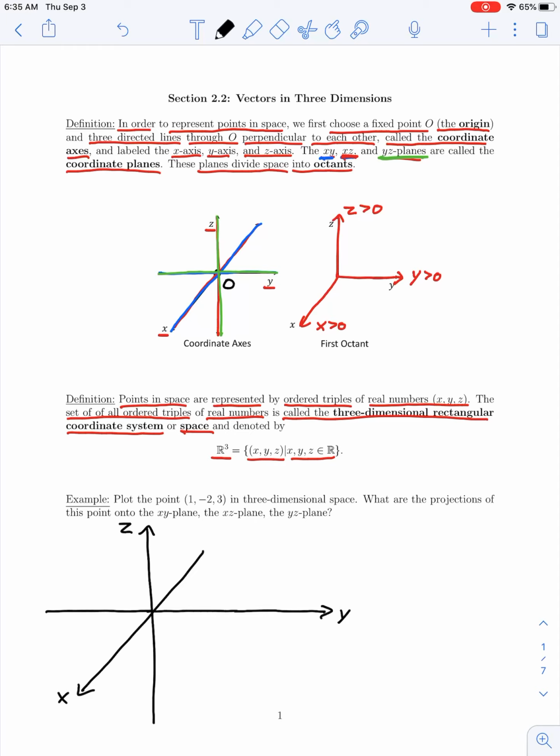So in order to plot the point 1, negative 2, 3, well, that means that our x-coordinate for this point is 1. So we're going to move 1 unit outward in the positive x direction. Y is negative 2. So along the y-axis, we're going to move 2 units in the negative direction. And then in the z direction, we're going to move 3 units upward.